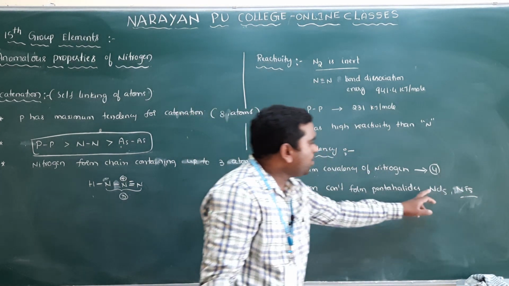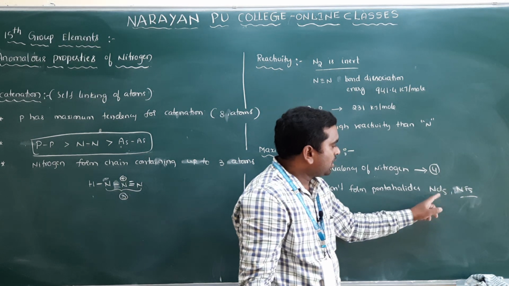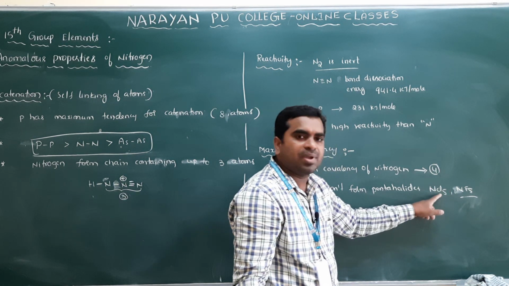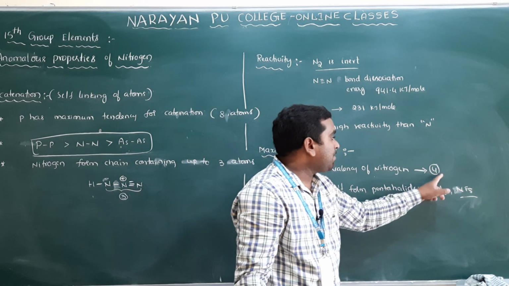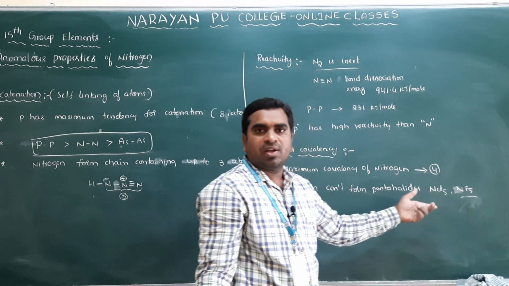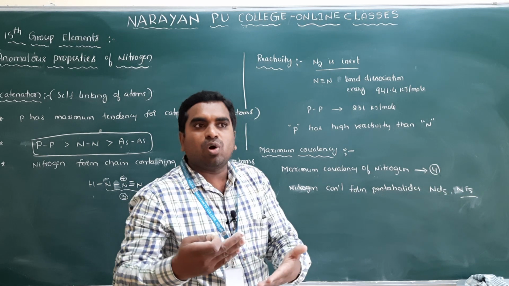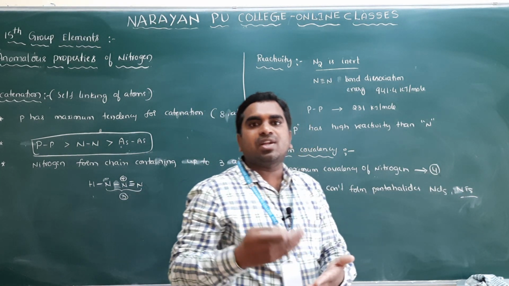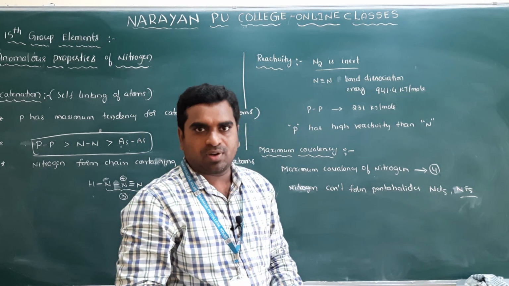To form these compounds, nitrogen should form 5 bonds. But what is the maximum covalency of nitrogen? 4. It cannot extend its covalency beyond 4.